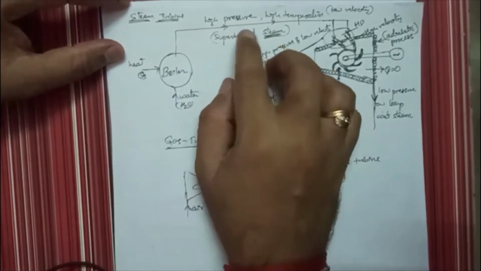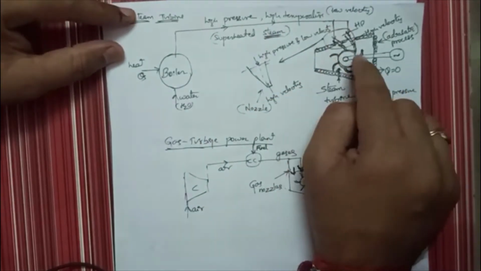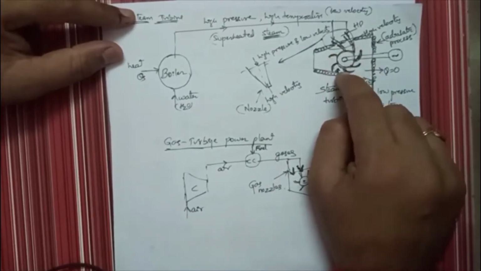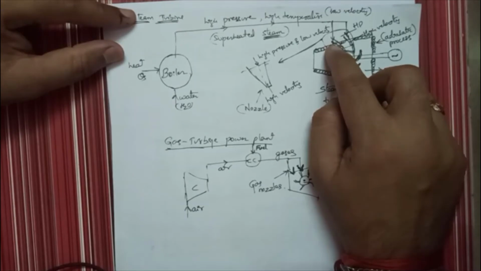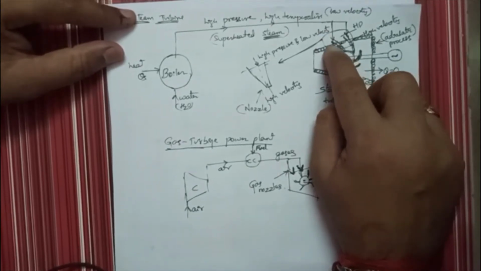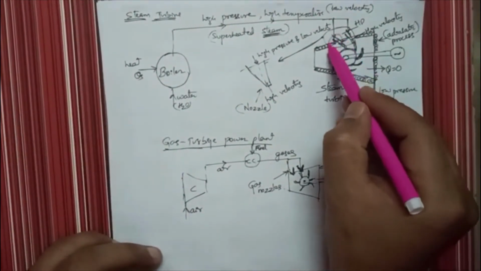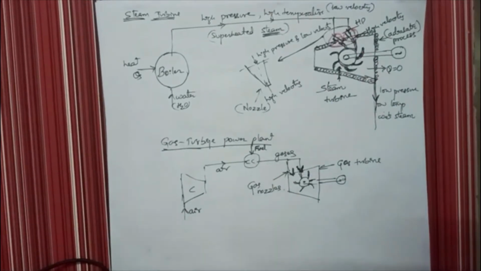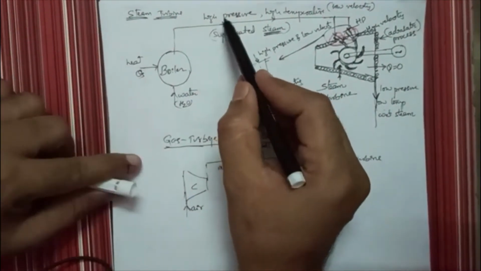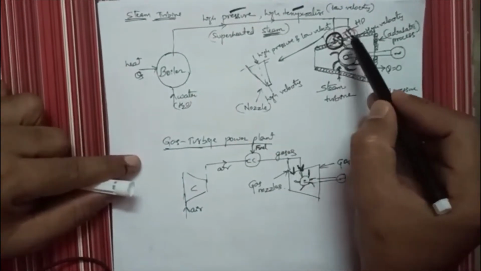When this high pressure, high temperature, superheated steam passes to the steam turbine, the turbine has some blades inside. Before the steam reaches the turbine blades, it first passes through the nozzle. Here I have shown some nozzles, you can see them here. The superheated steam first enters the nozzle.